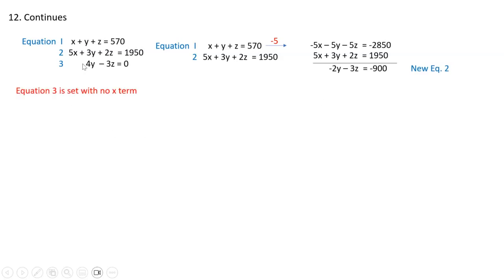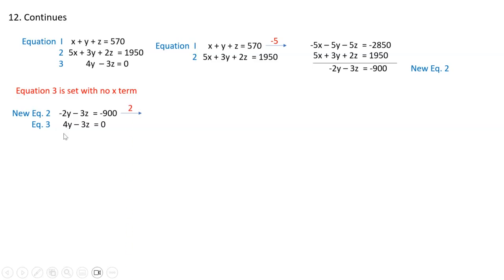If you notice, equation 3 has no x term, so we don't have to do that step. So we'll do the new equation 2 plus equation 3. Now I'm going to get rid of the y's, so equation 2, I'm going to multiply by 2. Why 2? Because -2 times 2 gives us -4y, and -4y plus 4y gives us 0.